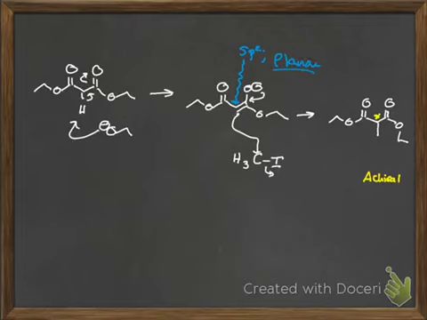And because it is planar, there is no specificity towards stereochemistry. So this can come out R and S in equal portions. Now, I kind of used up my space there, so let's redraw this.